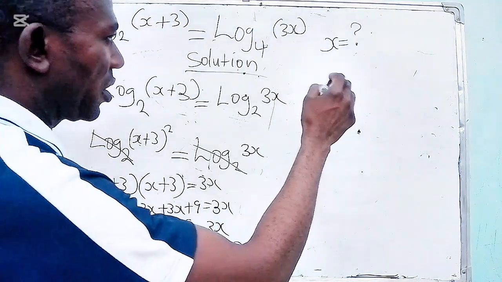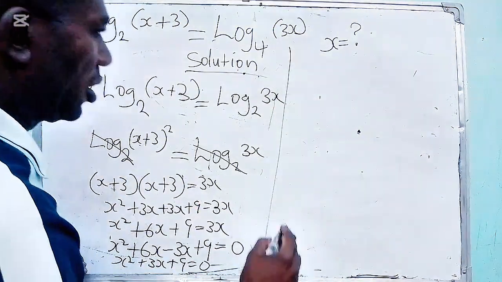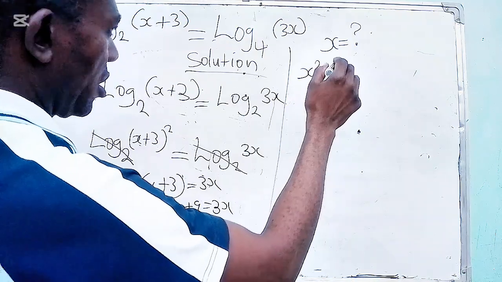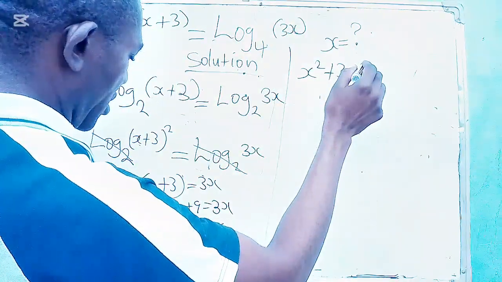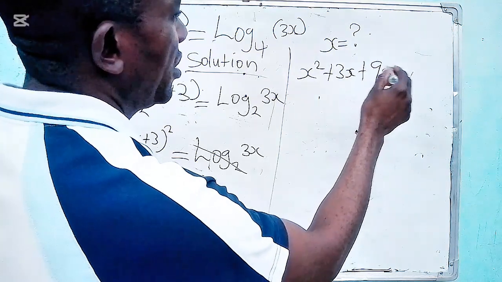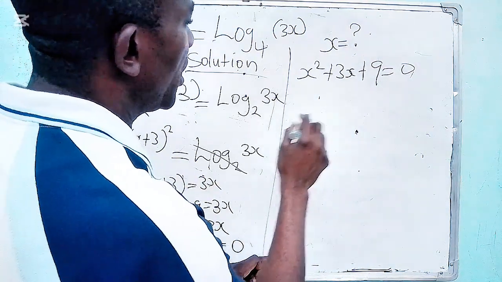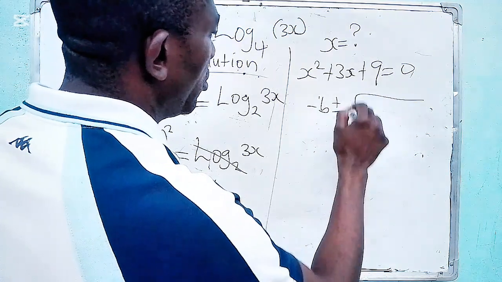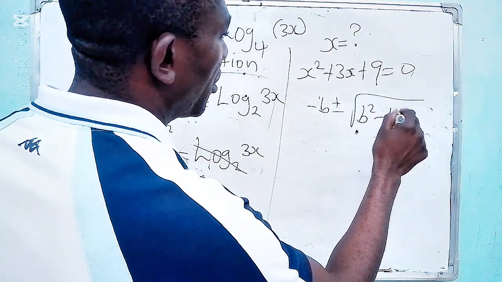Let me bring it up so I can see properly. So we have x squared plus 3x plus 9 equals 0. We can use the quadratic formula to be able to address it immediately.